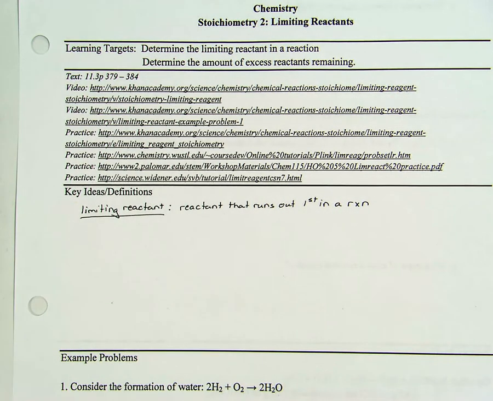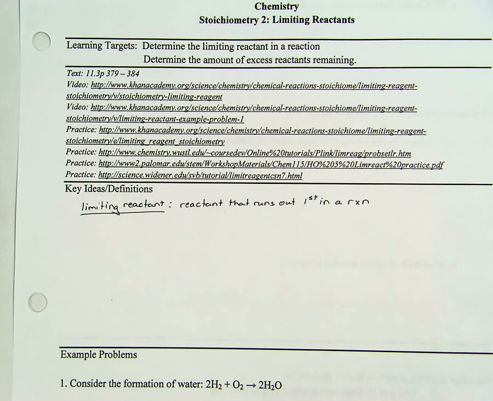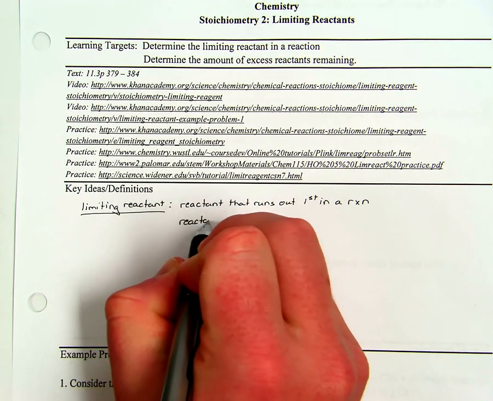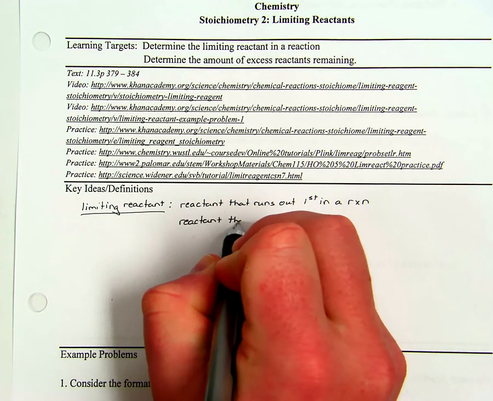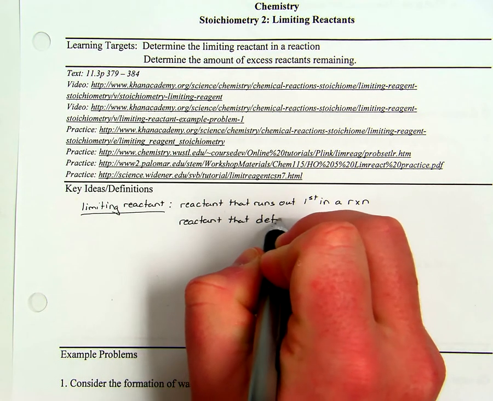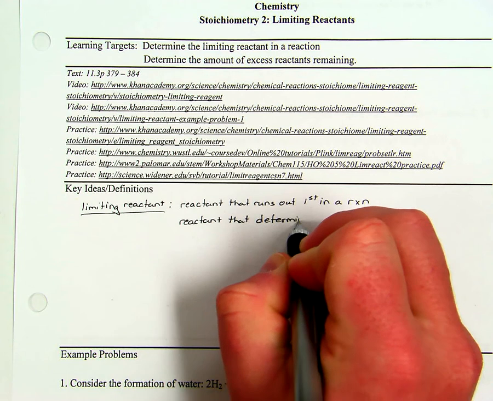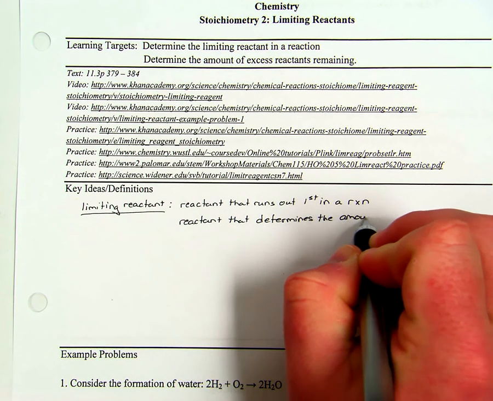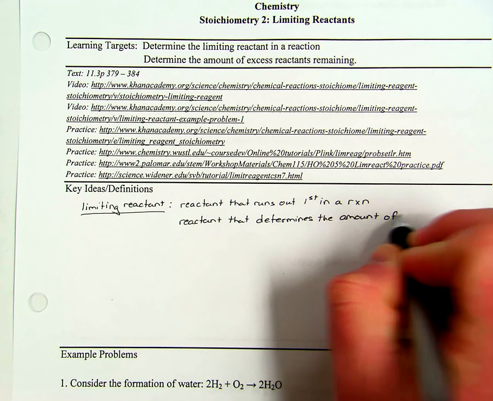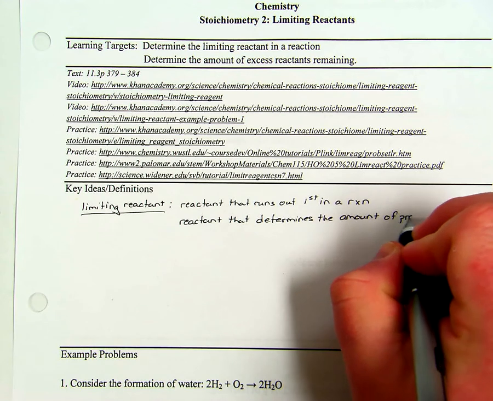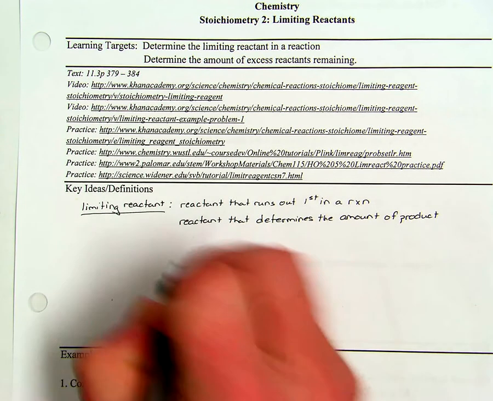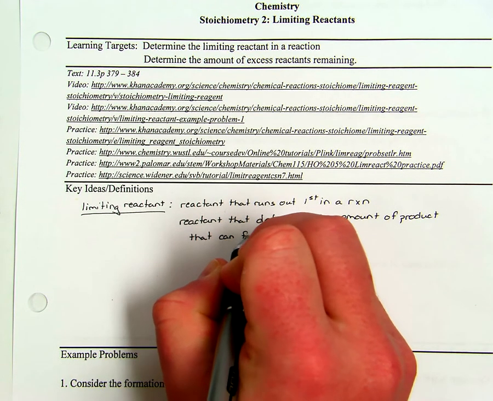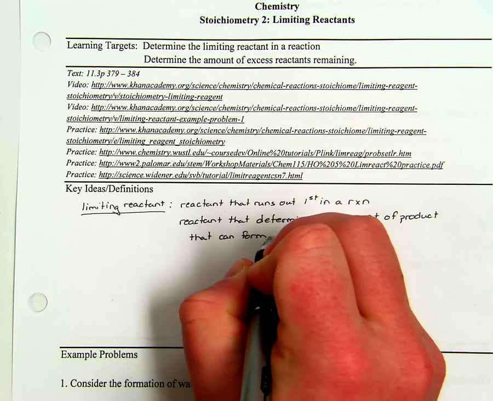You can also think of it as the reactant that determines the amount of product that can form. And we'll give you examples here of what we mean by each of these.